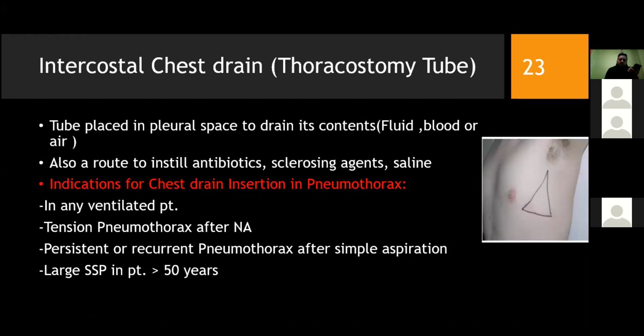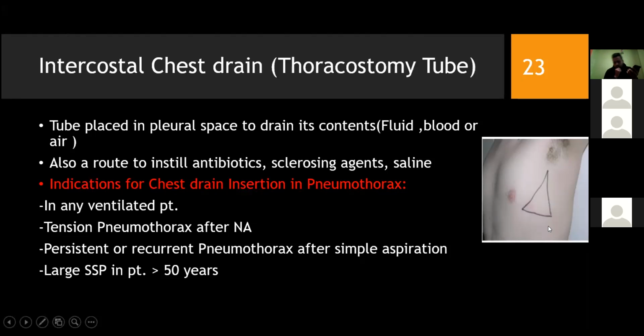The chest drain is basically a tube which is placed inside the pleural space to drain fluid, blood, or air. We can also instill antibiotics, sclerosing agent, or even saline if the tube is blocked. The intercostal chest drain tube is inserted in the triangle of safety, like shown in the picture.